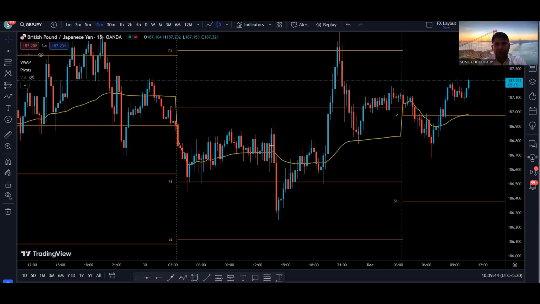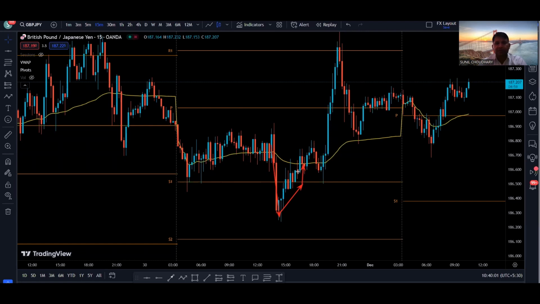Here we can see that we broke this pivot line and came to the downside. So here I was waiting for the price to come into this area and reject the pivot and the VWAP, but that never happened because the price closed above this pivot and right into this area.